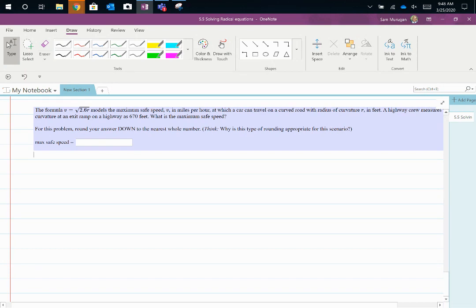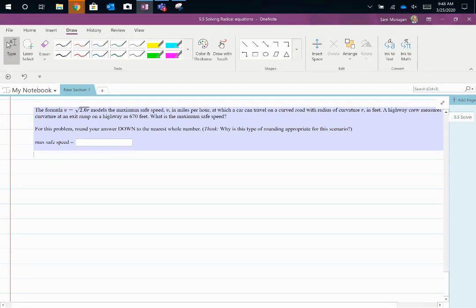Or you're trying to get onto an entrance, you might see maximum entrance speed is maybe 40 miles an hour, that you're not supposed to exceed. And those are mathematically calculated numbers to determine how fast the average car can go around there without being in trouble and running off the road.